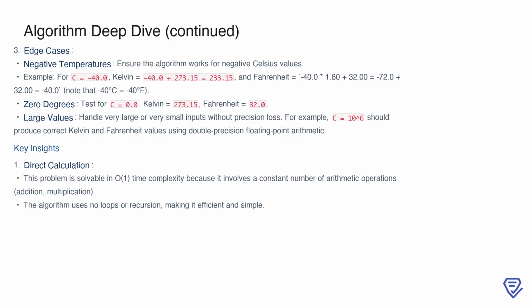The algorithm is also robust enough to handle large values without precision loss. For instance, C equals 10⁶ calculates Kelvin and Fahrenheit accurately, leveraging double precision arithmetic. The problem's simplicity ensures that it operates in constant time, O(1), as the calculations involve only basic arithmetic operations with no loops or recursion.